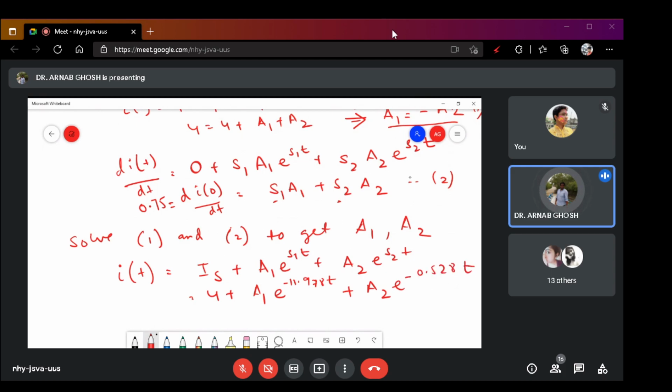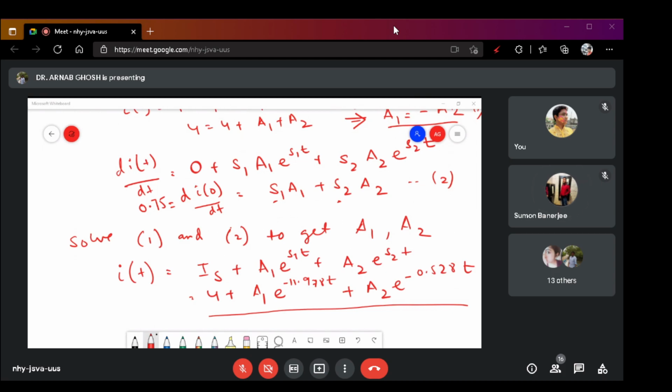Just put the values of A1, A2, you will get the expression for i(t). Is this clear now? Yes, sir. Okay. So what you have to follow is the general expressions. I think this is the easier method to solve. You just focus on the general expression and then you can solve this. Right?